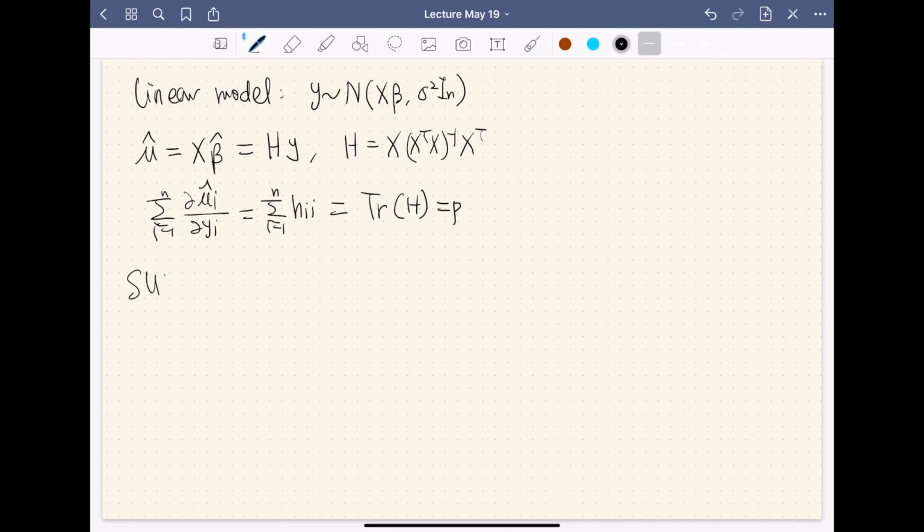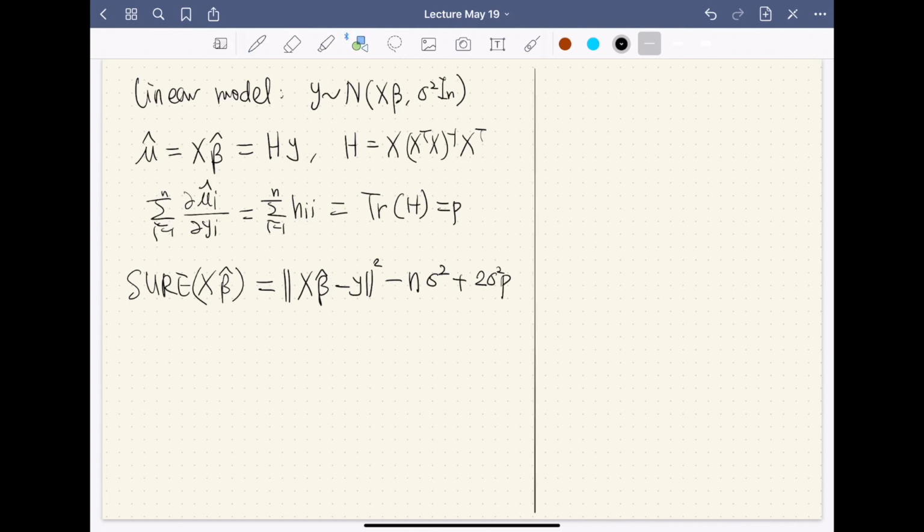So Stein's unbiased risk estimator for X beta hat, that's your least squares estimator, is this first term minus n sigma squared plus 2 sigma squared p. If you look at the formula, the first term and the third term change with the model, because if you use a different model of different dimension, then the estimator changes and the dimension changes.